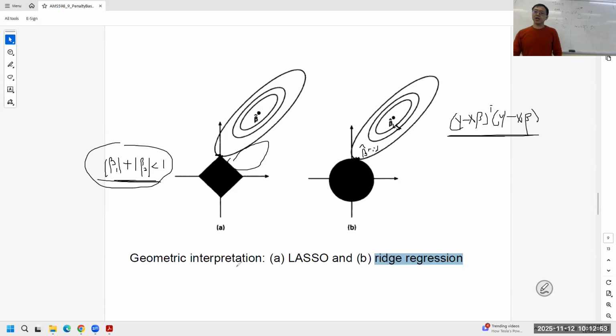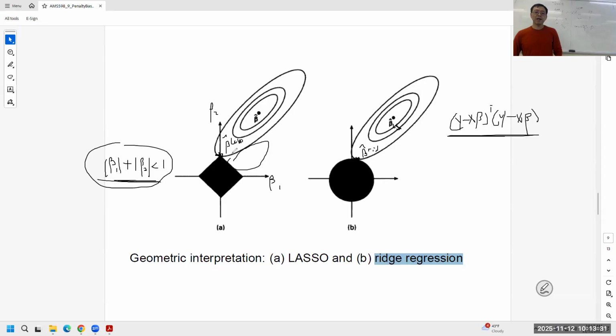When it touches the vertex, for example like here, this is beta 1, this is beta 2. What does it mean? That means this point is our beta lasso. So at this point, your beta 1 will be exactly 0, because if you touch the vertex it always happens at the axis, in this case on here.